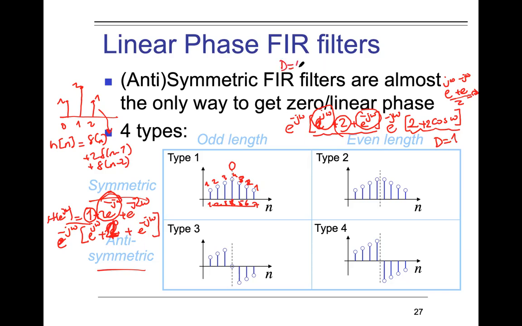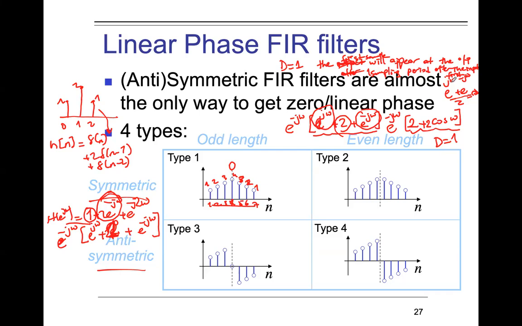If d is 1, the first sample will appear at the output after 1 sampling period, after the first input sample enters my system.